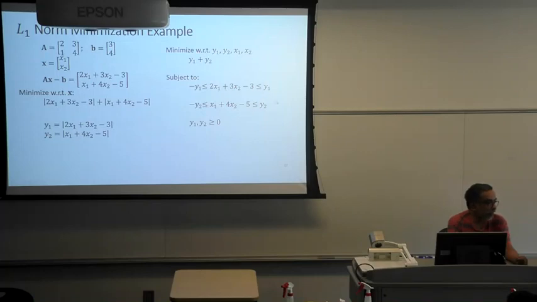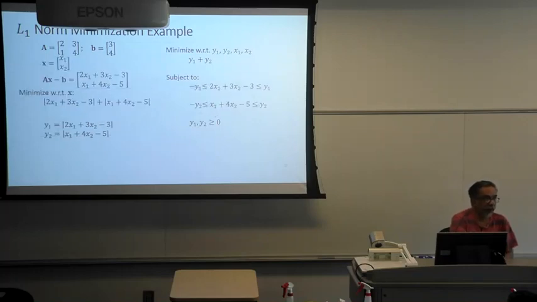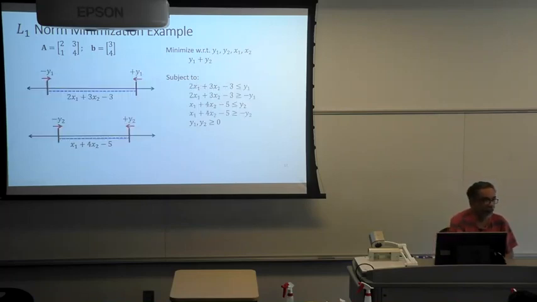So this ax minus b, the first element, will be between negative y1 and y1, and likewise the second element. Or breaking these into two separate inequality constraints, we have this. Okay, so what will happen is we have this constraint here, right?